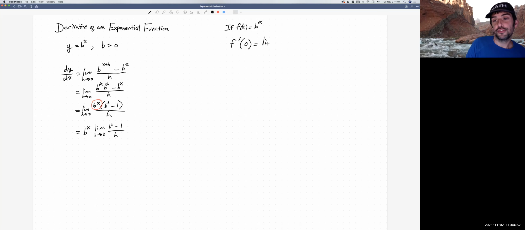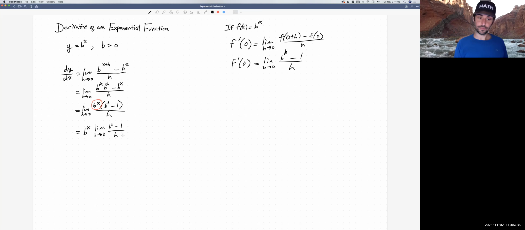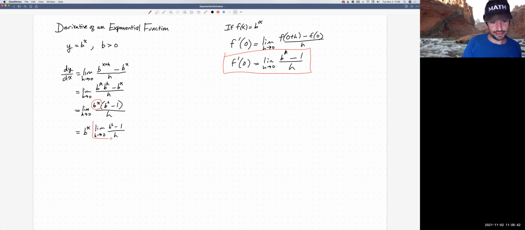So we're just putting in h. So we get b to the h minus f of 0. If I put in b to the 0, we get 1 all over h. And so this limit right here, notice that this thing here, this is exactly this piece right here. This limit happens to be the derivative of this function at 0.